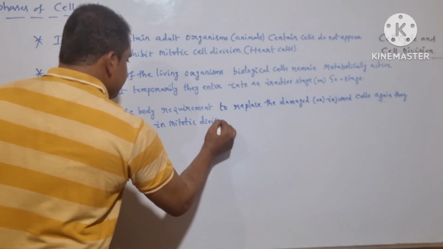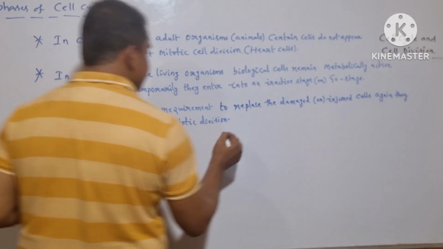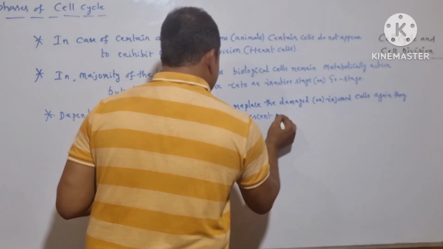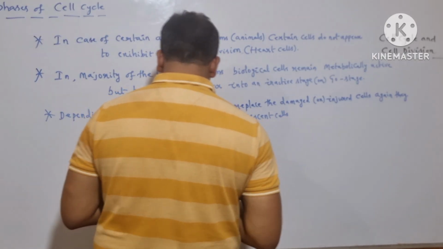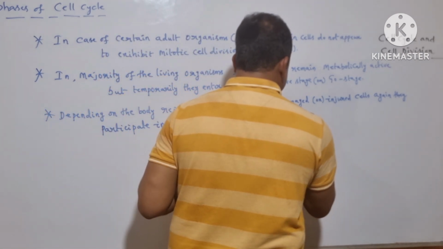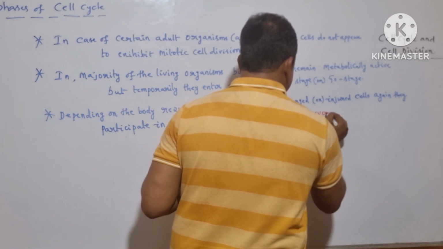And such specific cells are termed as quiescent cells. Quiescent cells are otherwise known as reversible cells.